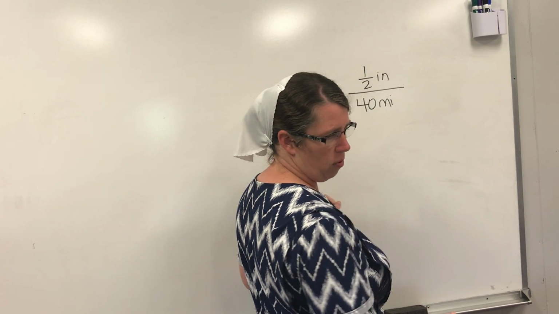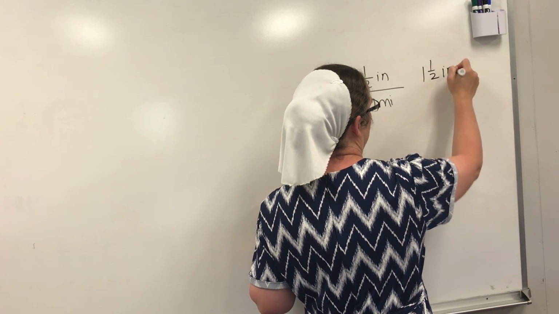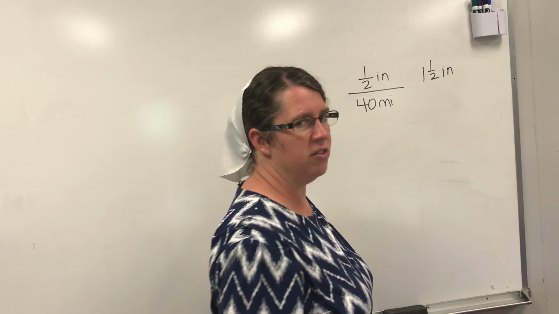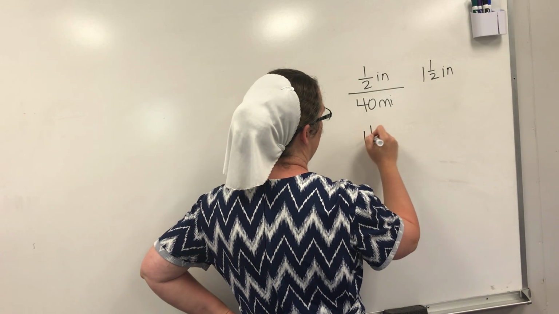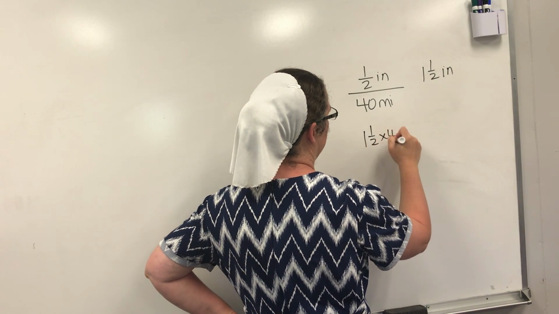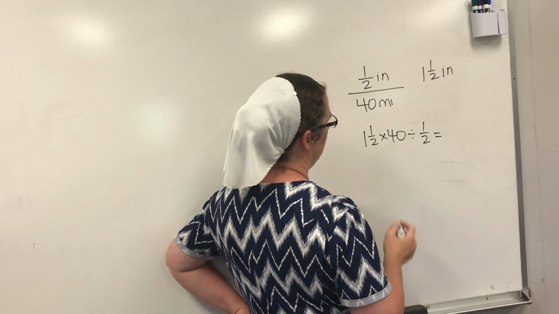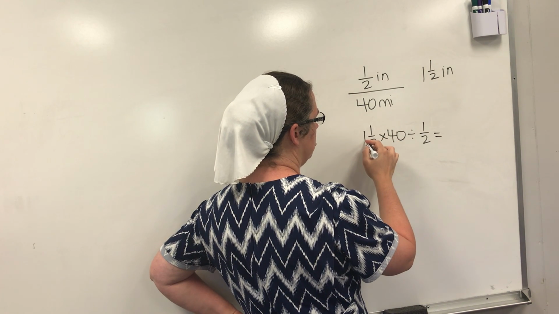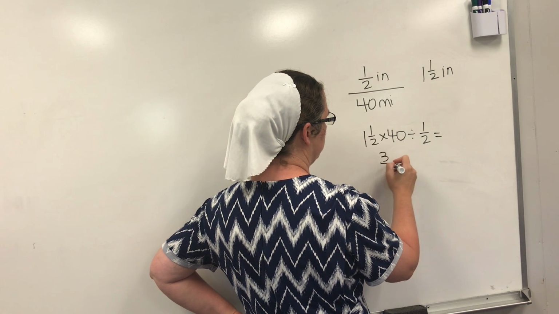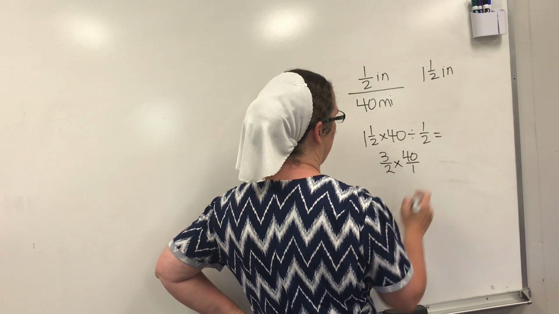Let's do one more. We have 1.5 inches up here. You guys love when they give us all these fractions, I bet, don't you? So we've got 1.5 times 40 divided by 1/2. Make this into an improper fraction. 2 times 1 is 2, plus 1 is 3 over 2, times 40 over 1.